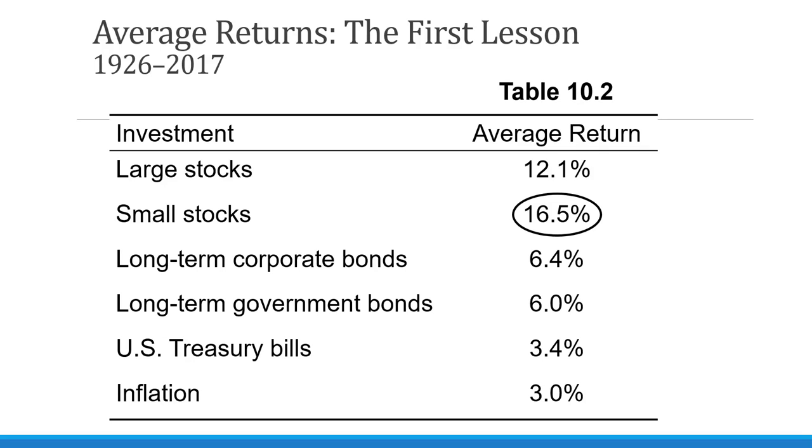That means that given the rate of inflation, the real return on US Treasury bills was actually 0.4%. So this average return is not adjusted for inflation. The long-term corporate bonds and the long-term government bonds are bonds with longer than 20 years to maturity.